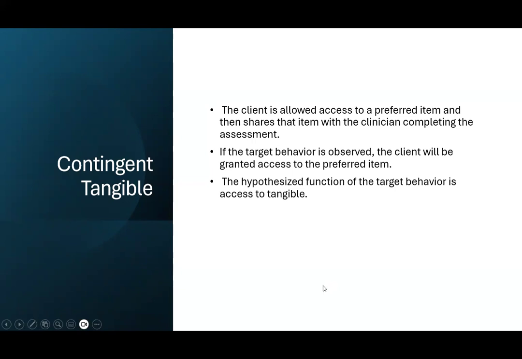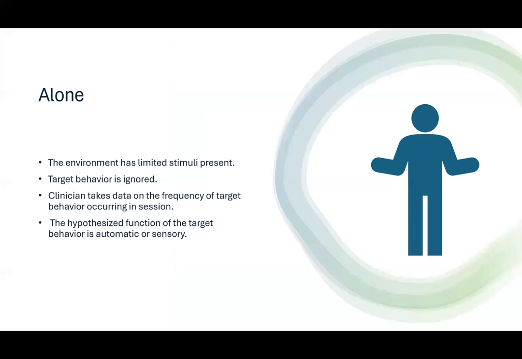Sometimes the clinician can state "my turn" to terminate the end of the client's time with the tangible. If the target behavior is displayed when the client does not have the tangible, the client will receive the tangible item back. This condition helps with determining if the target behavior is maintained by accessing the tangible item.